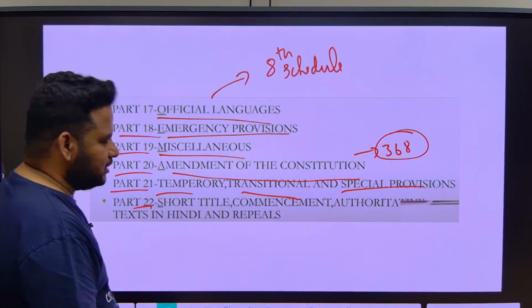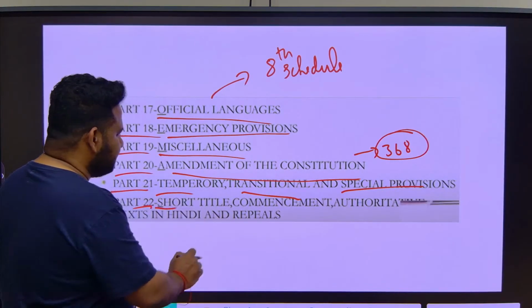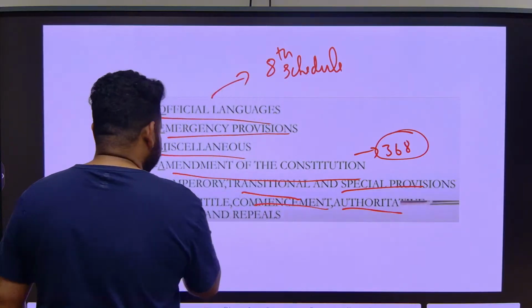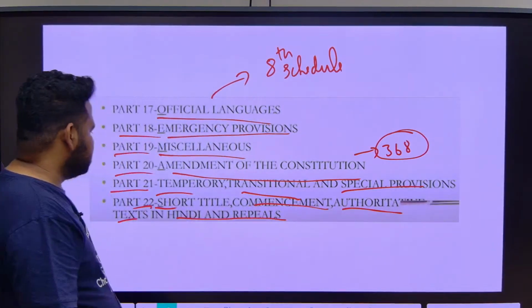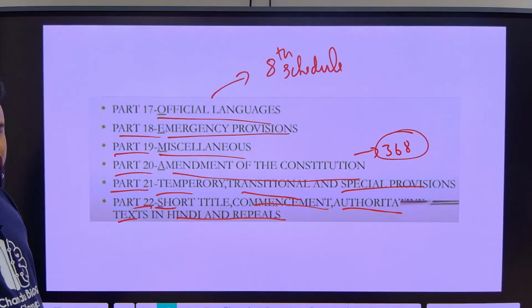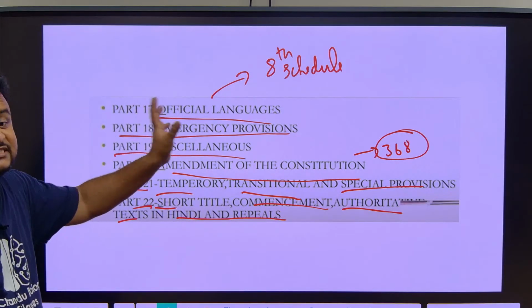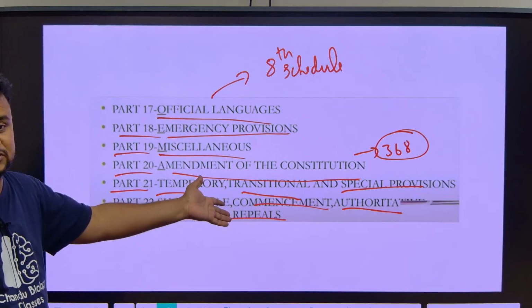Part 22 is talking about short title, commencement, authoritative text in Hindi and repeals. Special provisions are not only specific to SCs and STs. There are other special provisions also.